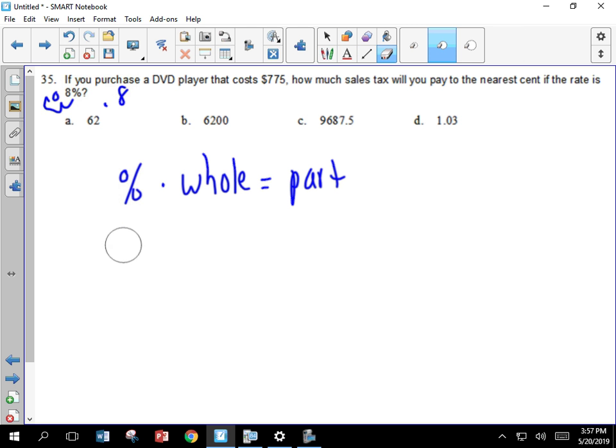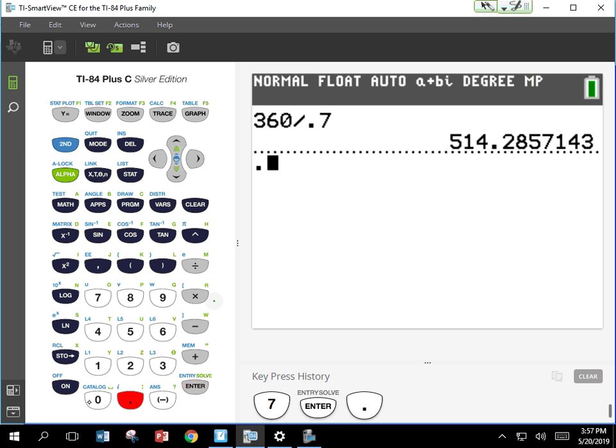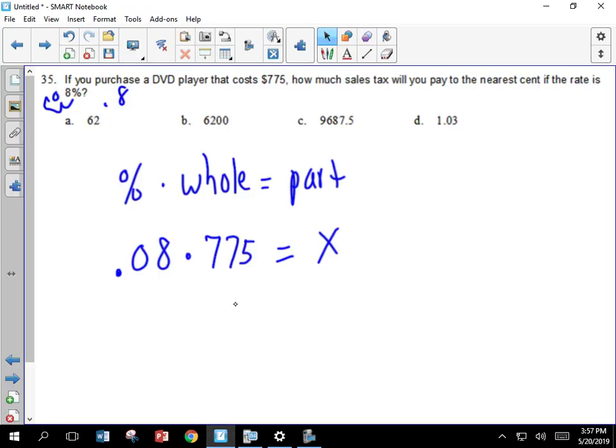All right, let's try that again. 0.08. Now this one is the actual entire DVD cost equals, we don't know how much, so I'm going to label it X. So we are doing a percent times the whole thing to find the part. $62, or $60, is how much I'm going to pay in sales tax.